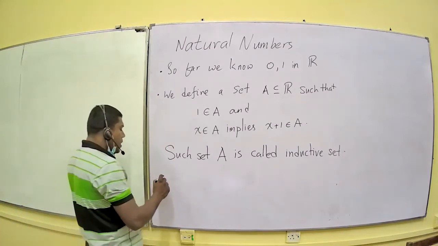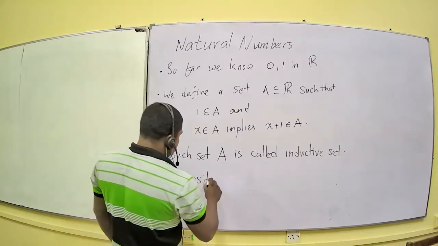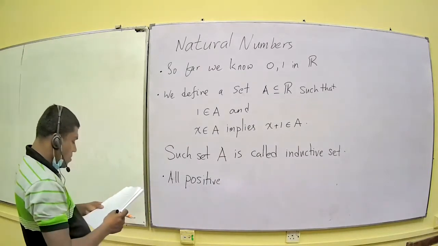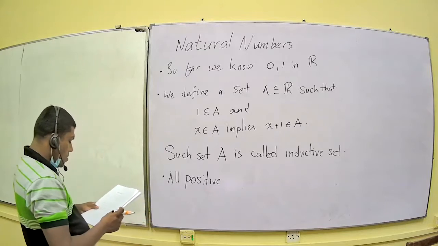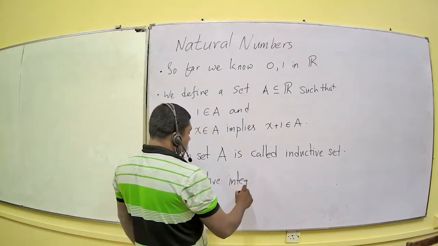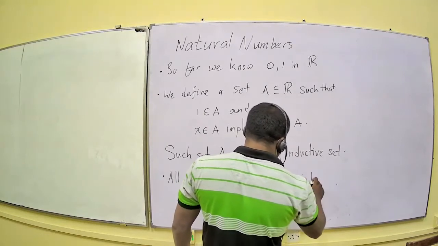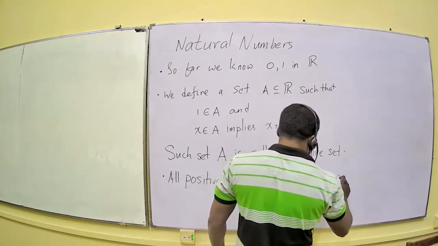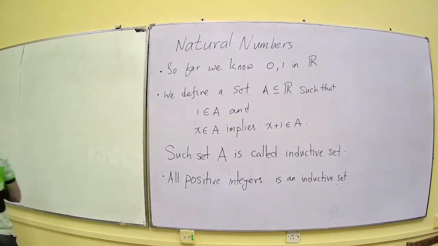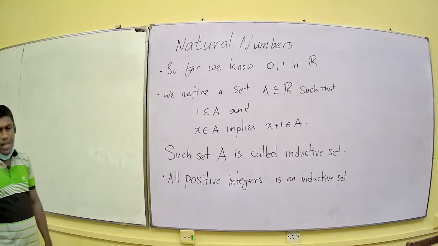An example for this is all positive integers: 1, 2, 3, 4, 5, which give you an inductive set.